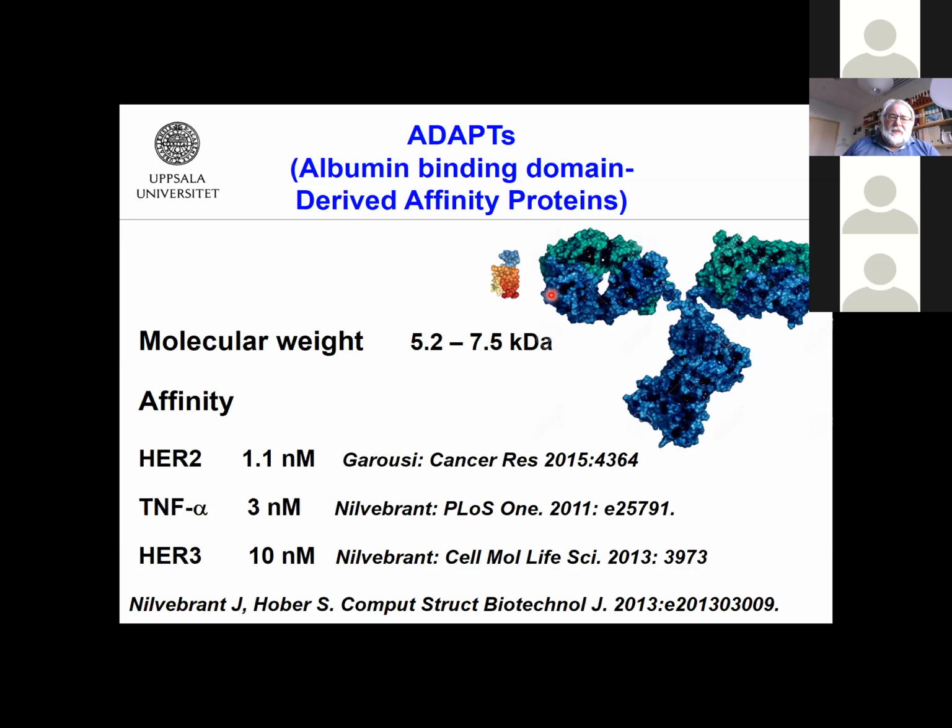Sophia's team managed to select several ADAPTs with low nanomolar affinity. HER2 was a champion, but there was also a 3 nanomolar binder to tumor necrosis factor alpha and to HER3.